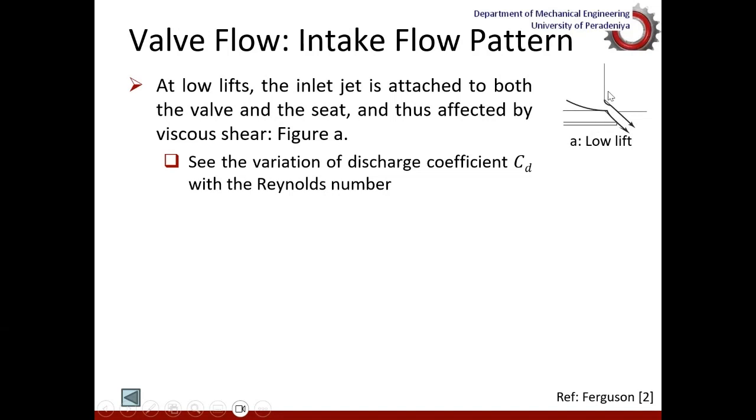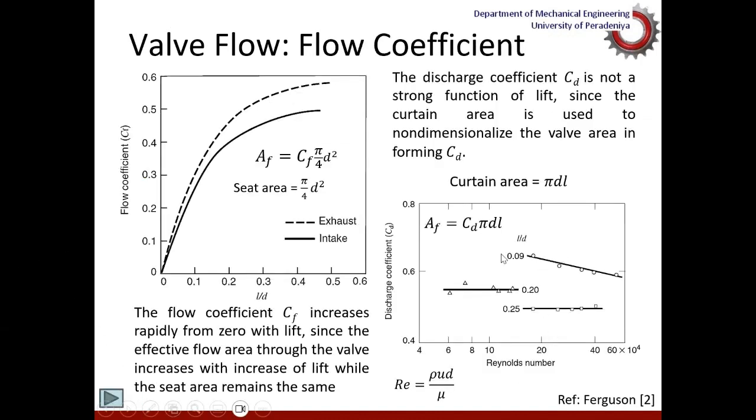Therefore, it is subjected to viscous shear, and that is indicated here at low valve lifts. So the viscous shear affects the flow and hence the discharge coefficient. That variation you can see in this plot, which is CD over the Reynolds number. The Reynolds number changes with the flow velocity as well as the viscosity.